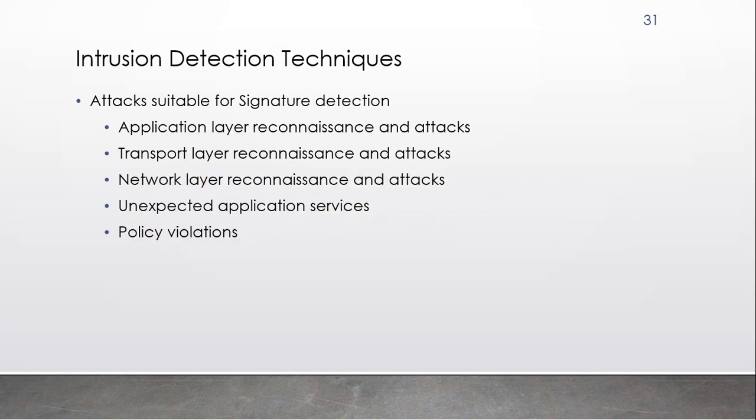There are many types of attack that are suitable for signature detection, as we note here. We'll begin with application layer reconnaissance, and note that most NIDS technologies analyze several dozen application protocols. What the NIDS is looking for is attack patterns that have been identified as targeting these protocols. Examples of attack include buffer overflows, password guessing, and malware transmission.